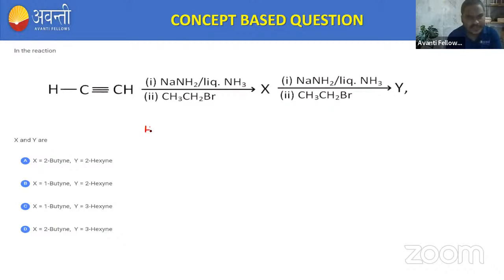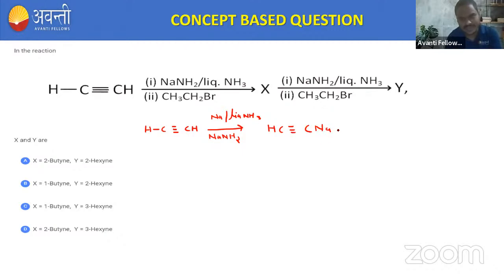First of all, when this HC triple bond CH is treated with sodium amide, NaNH2, in liquid ammonia, what will you get, beta? You get HC triple bond C Na.